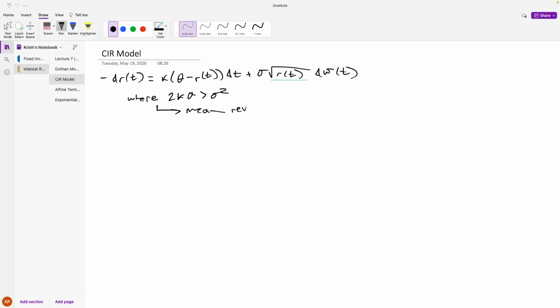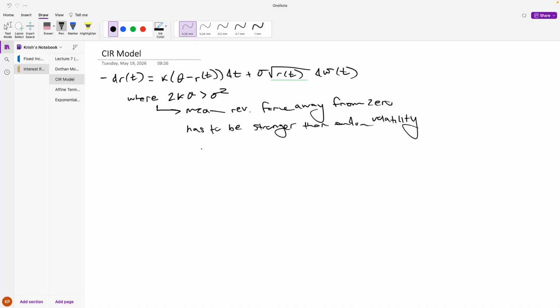So the mean reversion force away from 0 has to be stronger than random volatility pushing it. Okay.